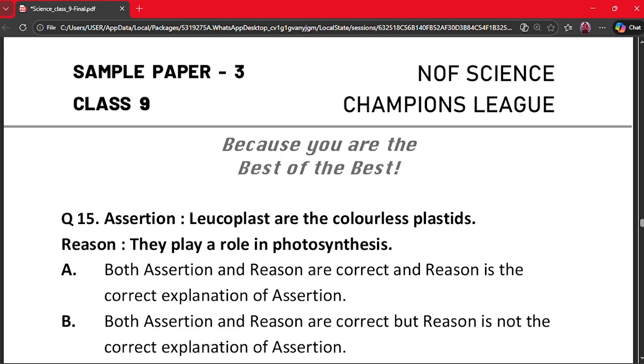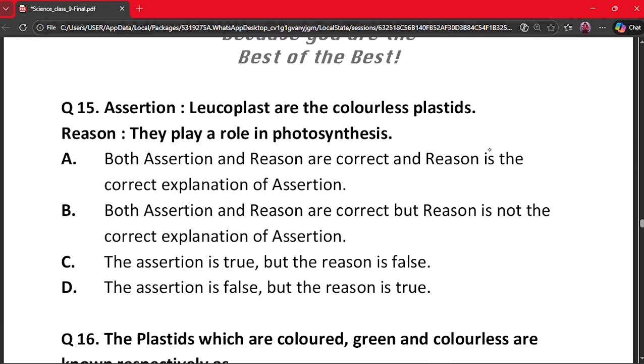Our next question is question number 15. Assertion: Leucoplasts are the colorless plastids. Reason: They play a role in photosynthesis. A. Both assertion and reason are correct, and the reason is the correct explanation of assertion. B. Both assertion and reason are correct, but reason is not the correct explanation of assertion. C. The assertion is true, but the reason is false.